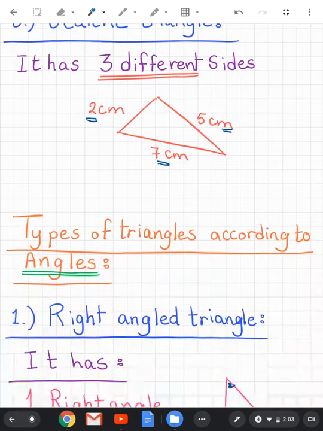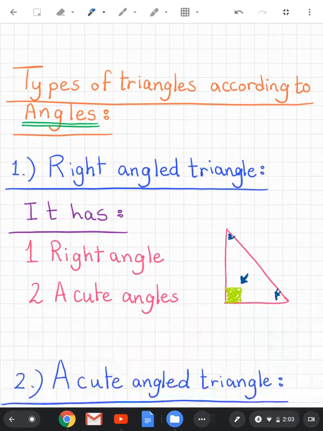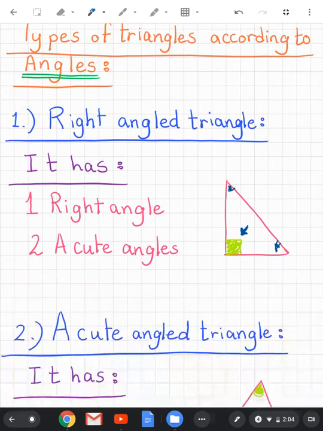Then we come to the 3 different types of triangles according to angles. The first one is the right angled triangle. This triangle has 1 right angle and 2 acute angles. So this is the right angled triangle.